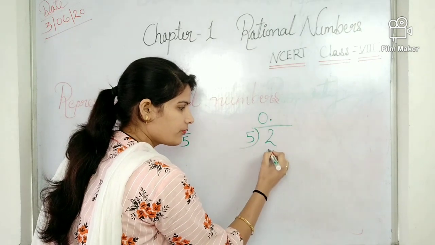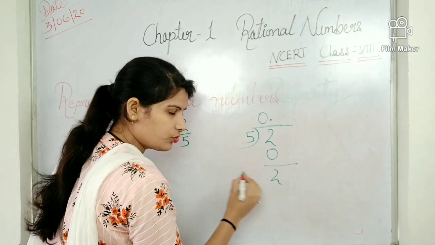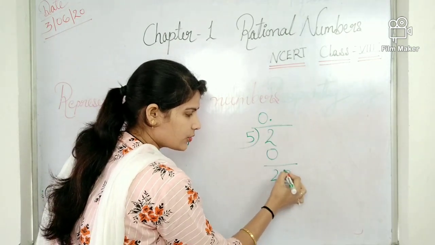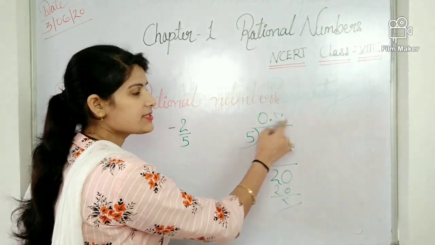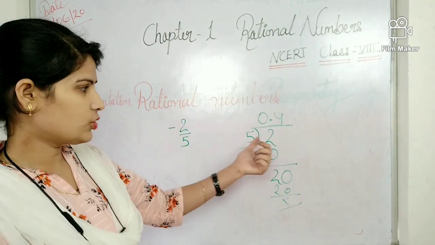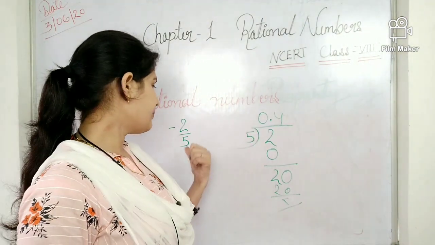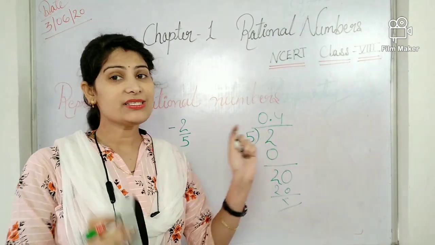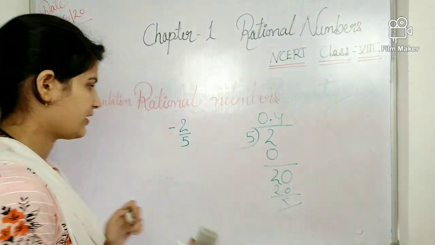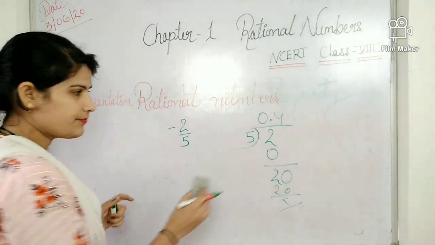So 0, then 2, then apply here 0, 5, 4, 20. That means this is 0.4. We know that this number, minus 2 upon 5, lies between 0 and 1, that is, minus 0 and minus 1, because there is a minus sign.